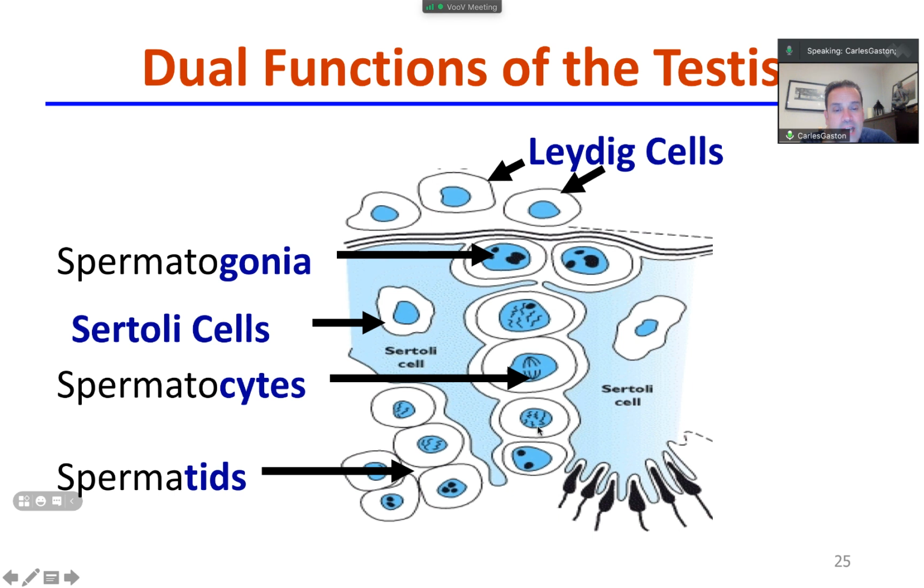And the spermatocyte will mature into the spermatids. And these cells will be transformed into the final spermatozoa by adding the cap and the tail.